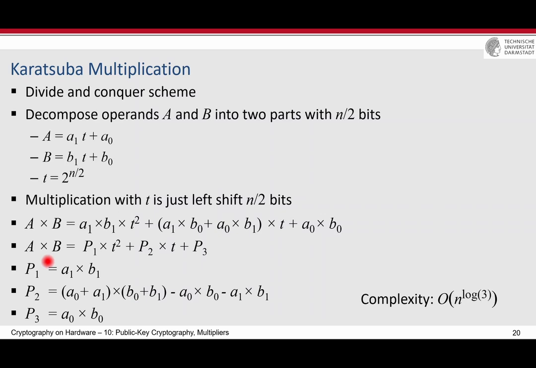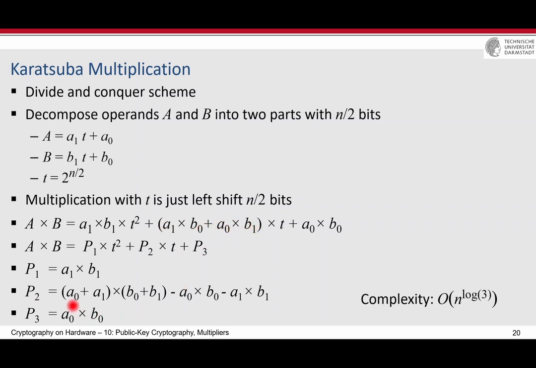Now this is written like this: this is called P3, this is called P2, and this guy is called P1. One more important thing is that P2 can be written a bit differently. P2 was actually this guy, but you can write it differently.